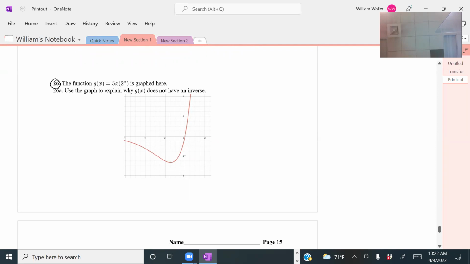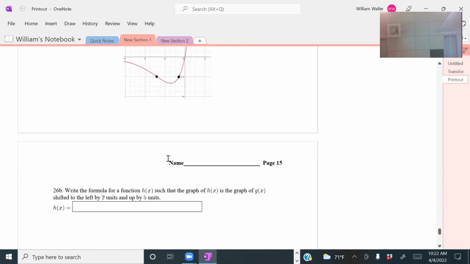For instance, if you look at -2, that y value shows up at this point on the graph, and also at this point on the graph. So you have repeated, different points on the curve with the same y. Can't have that in an invertible function. So it does not have an inverse, so we don't have to worry about that.